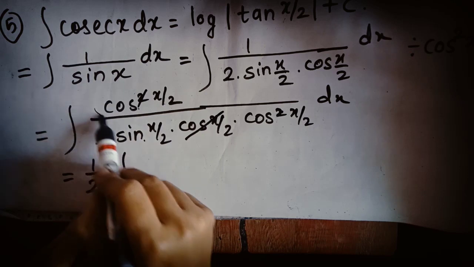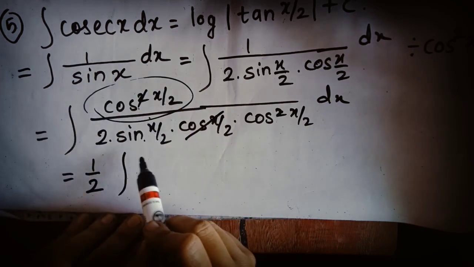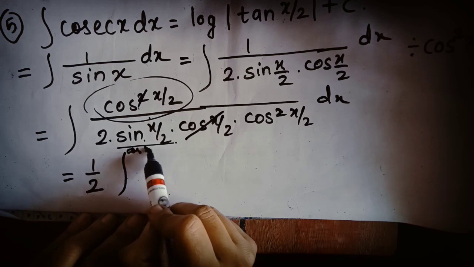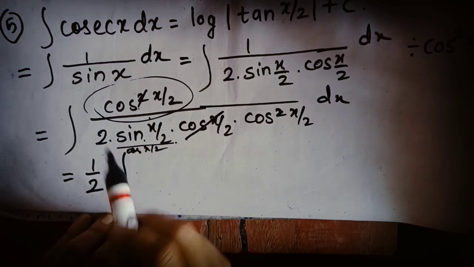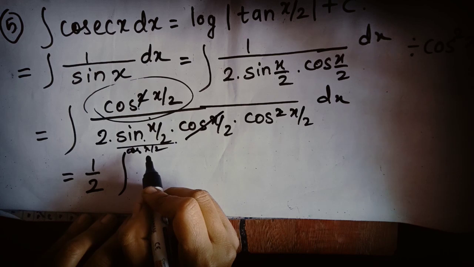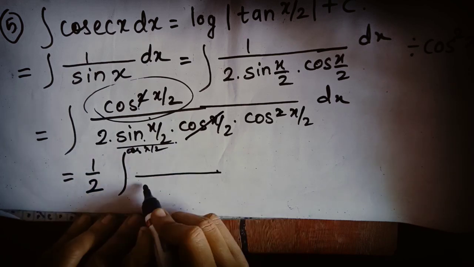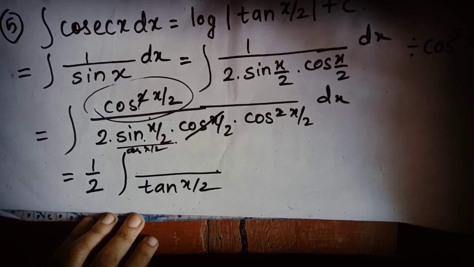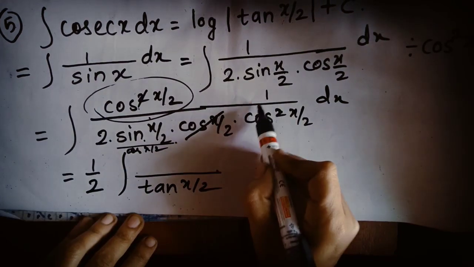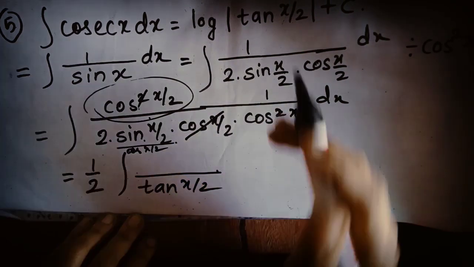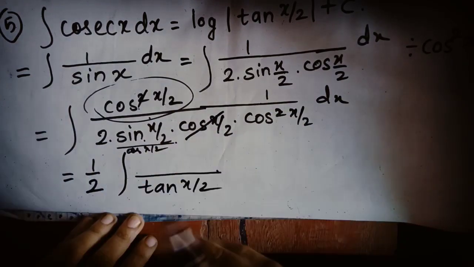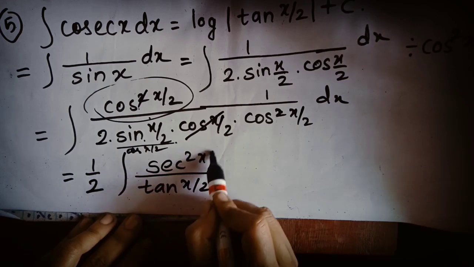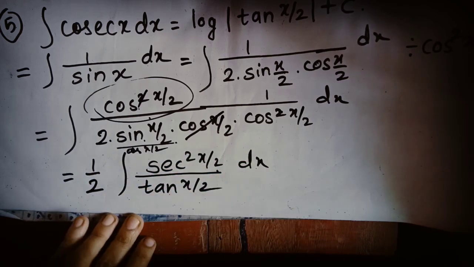If I take this cos x by 2 here, then it will be tan x by 2, right? And then there is 1 upon cos square x by 2 here. 1 upon cos square x by 2 is sec square x by 2. So I can write it here.